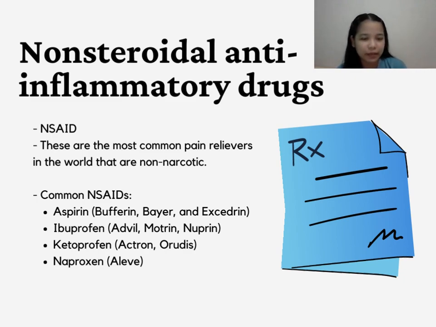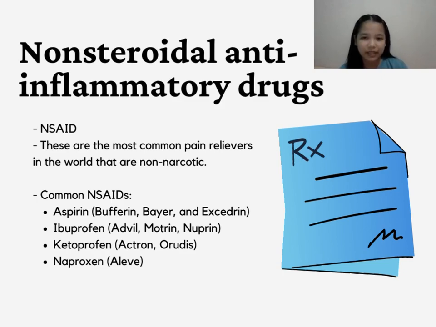NSAIDs help alleviate pain. How? By reducing the release of prostaglandins. Now, what are prostaglandins anyway? Well, after an injury, prostaglandins are released as a vital part of the healing process. However, these prostaglandins cause the damaged areas of the body to swell, and too much swelling causes pain and muscle weakness.